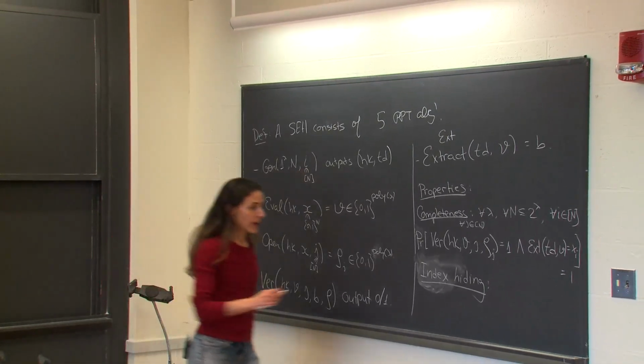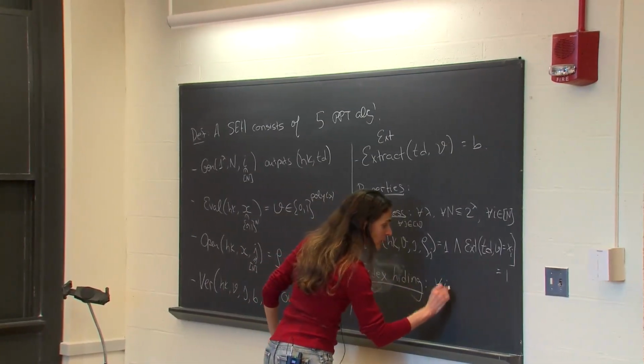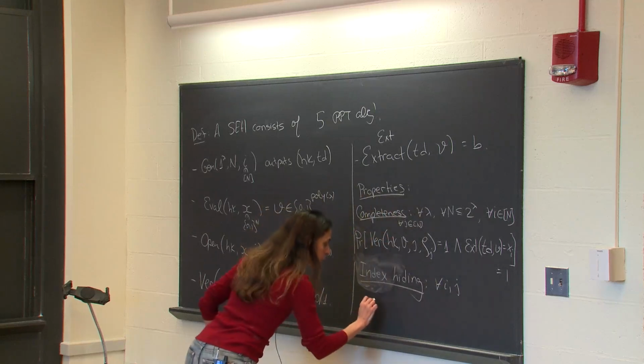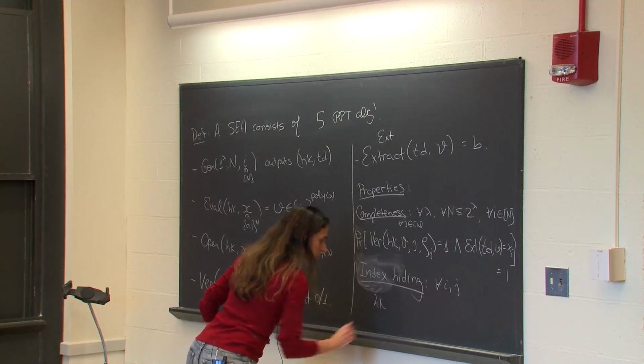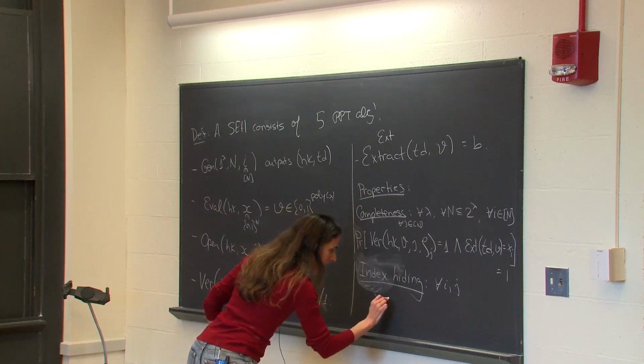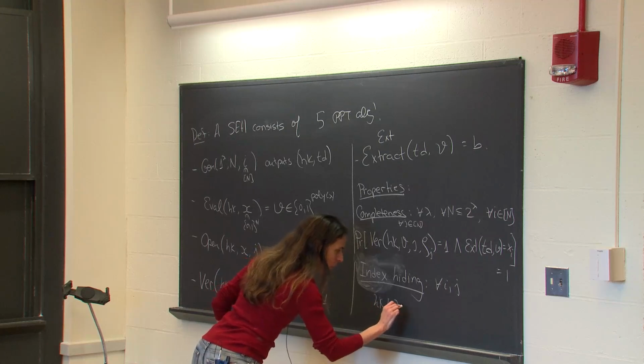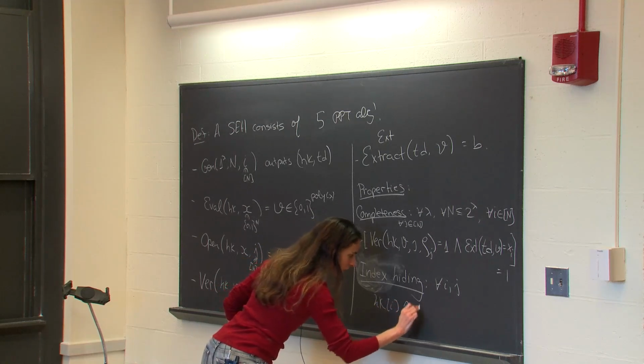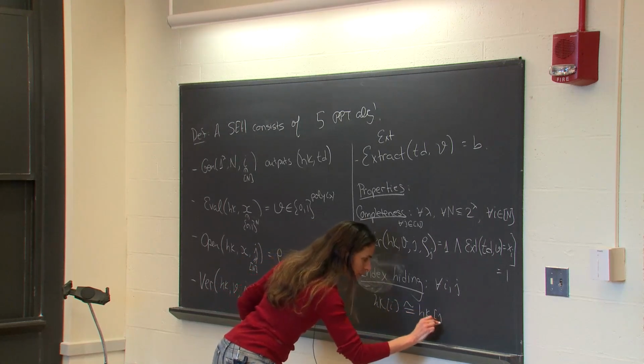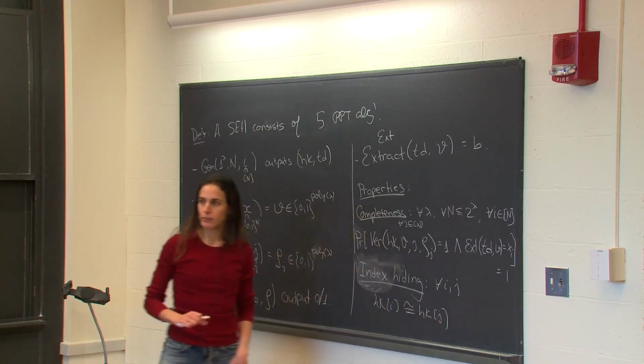Okay, so it just says that for every i and j, if you look at hash key generated by i, or hash key generated by j, they're indistinguishable.